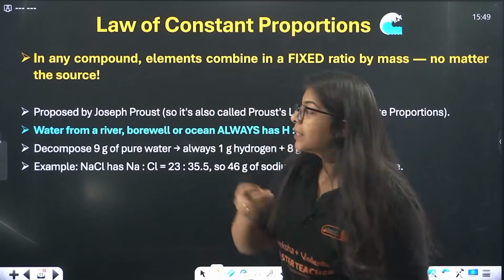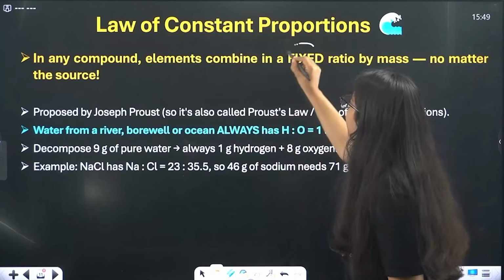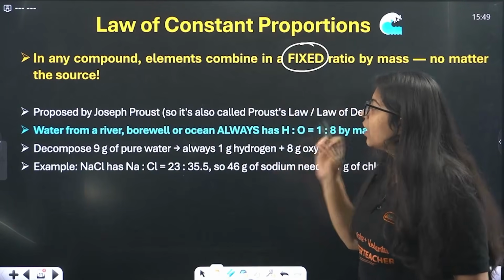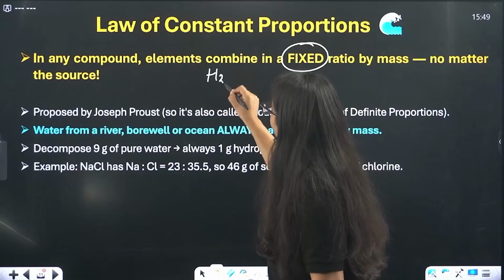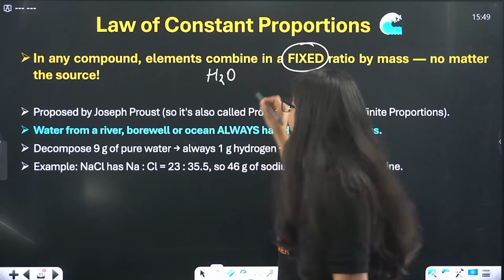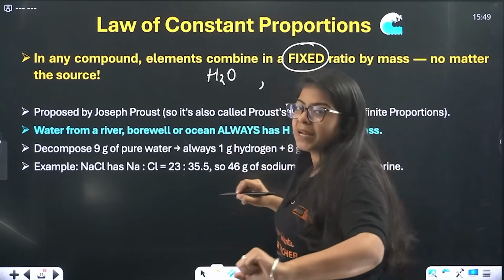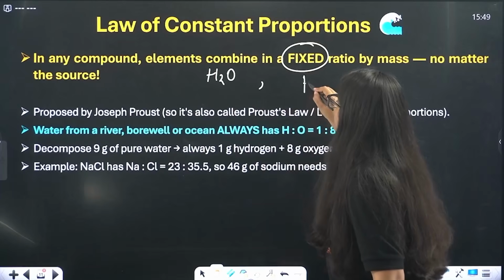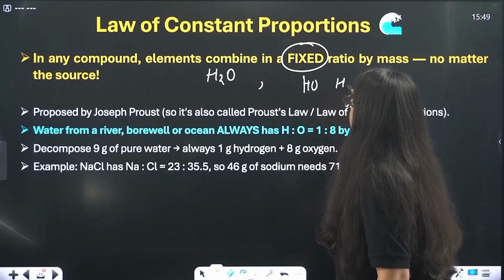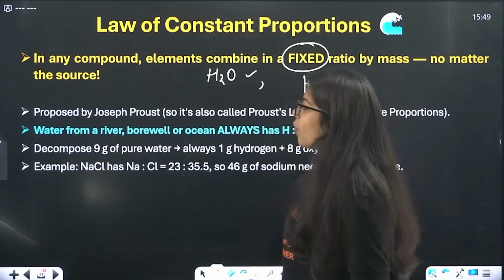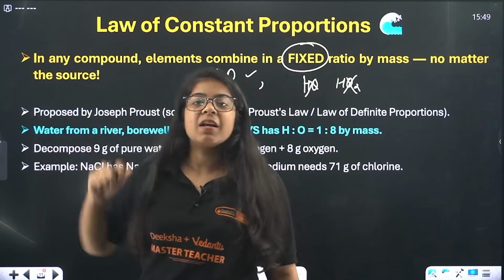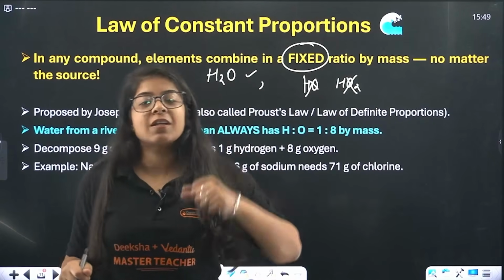So these elements, beta, they combine in a fixed ratio. By that, what do we mean? That beta, in H2O, that is your water. Now, can I say hydrogen and oxygen combine and form water, but can I say HO is water or HO2 is water? No, I can't say that, right? H2O is the water. A water placed in a river is also H2O. In ocean is also H2O.